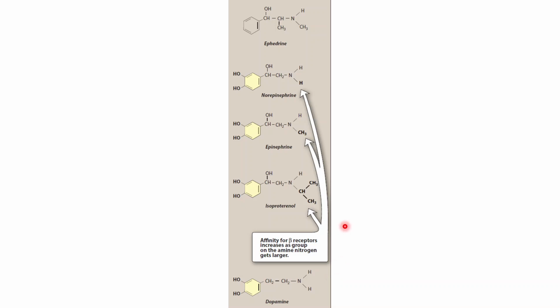They are also inactivated by catechol O-methyltransferase, and also by monoamine oxidase. The latter is located in the blood. These enzymes are also located in the gut wall and in the liver.